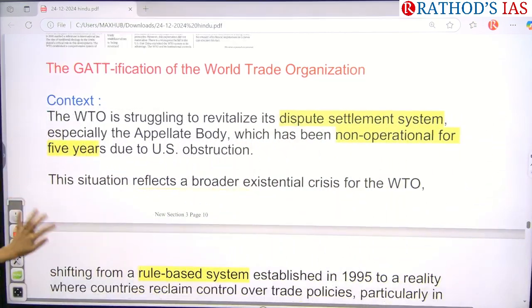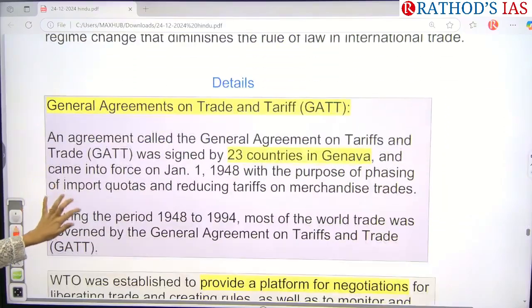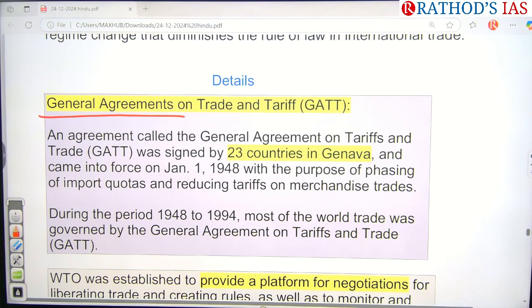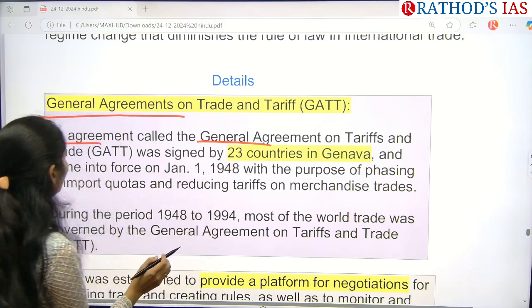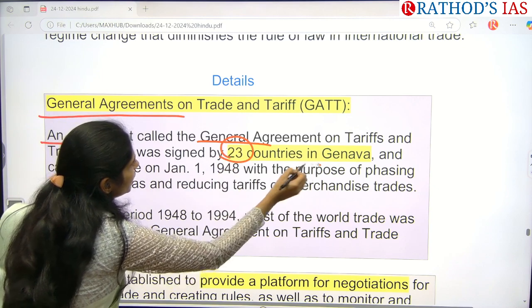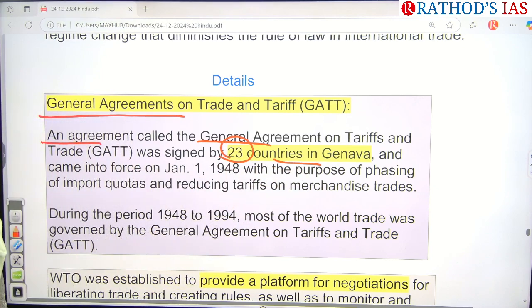Now let us see what this GATT is. GATT is nothing but the General Agreement on Trade and Tariffs. An agreement called GATT was signed by 23 countries in Geneva, and finally in 1948 it came into existence. So when did the WTO come into existence, in which year? 1945. After that we came up with GATT.